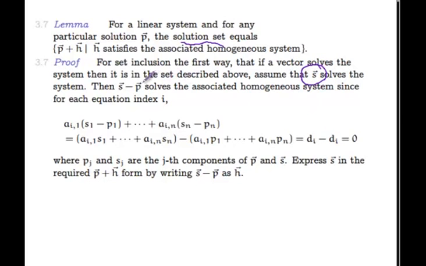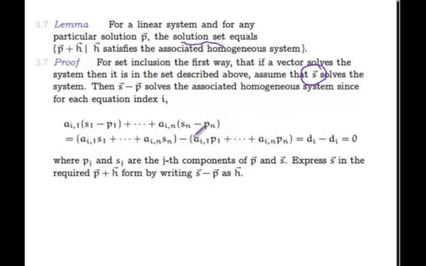Now, let's see what happens with S minus P. All right, so let's write down the equation satisfied by S minus P. We multiply S1 minus P1 times the first coefficient plus ... plus Sn minus Pn times the nth coefficient. I can rewrite this by expanding and collecting the terms with S and the terms with P.